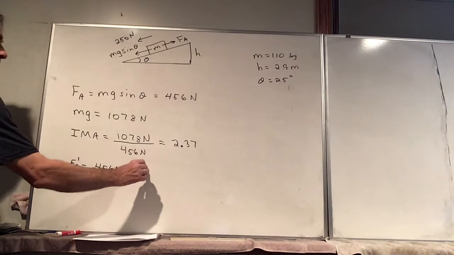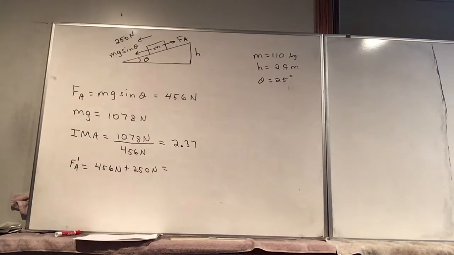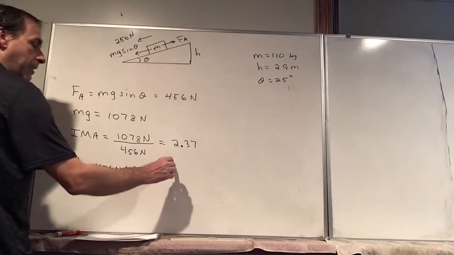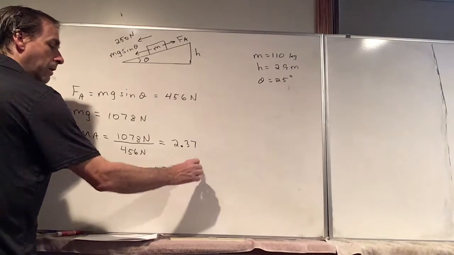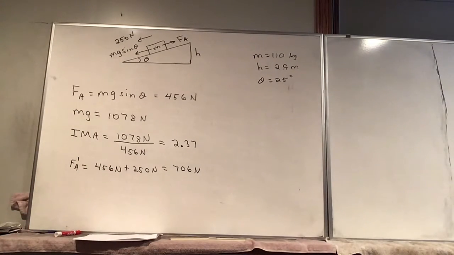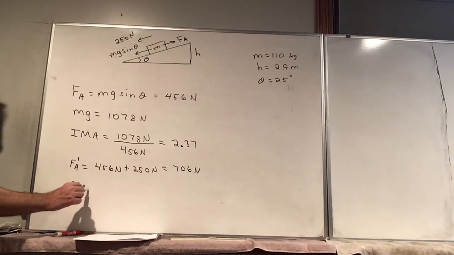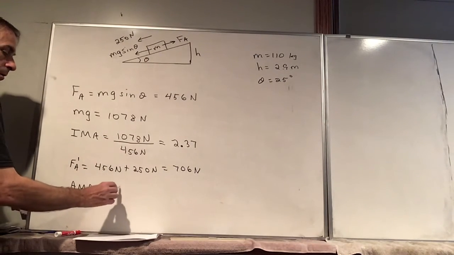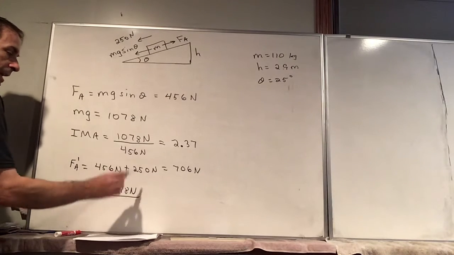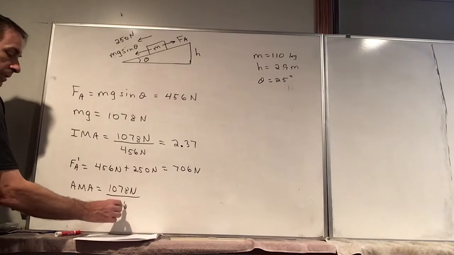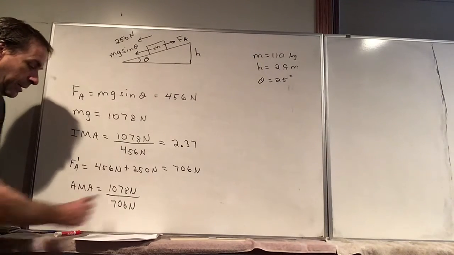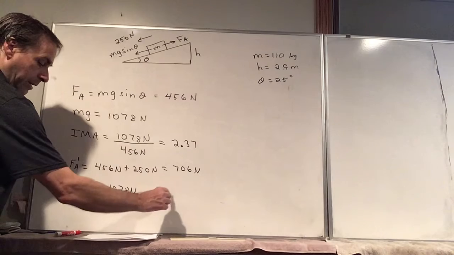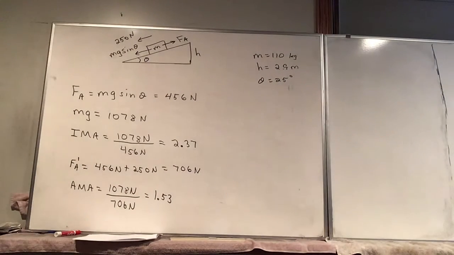But we'd also have to overcome friction. So, let's see. That's 706 newtons now. So now to lift this mass at a constant speed, the applied force is 706 newtons. So the actual mechanical advantage would be the force without the machine, 1,078, over with the machine, which is 706. So that's about 1.53. So that's the actual mechanical advantage.